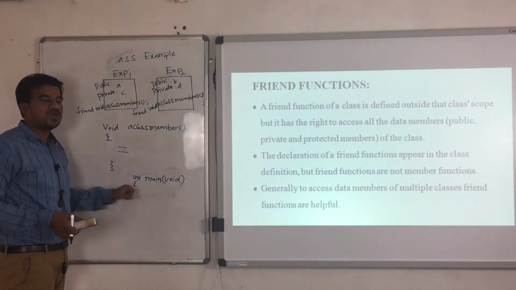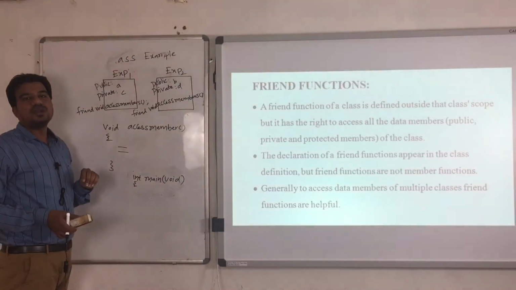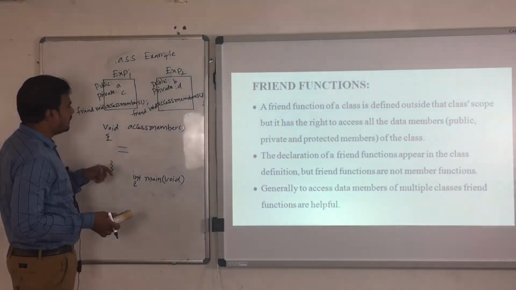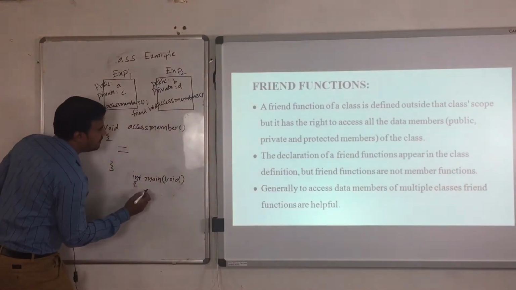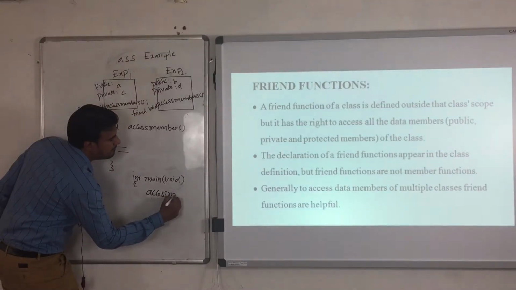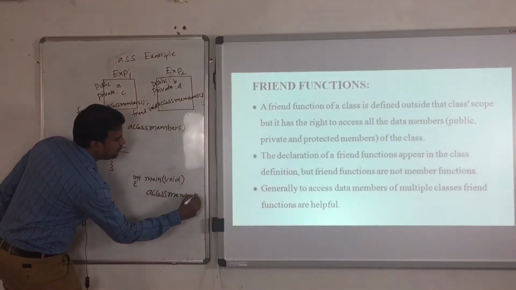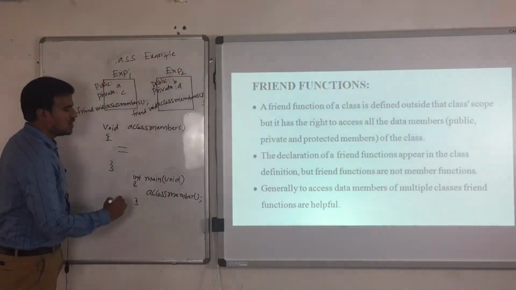In that same way you can call these friend functions inside your main function. So in order to get the functionality of this access member, inside main simply put access member of semicolon at the end. No need of return type because it is a function call.